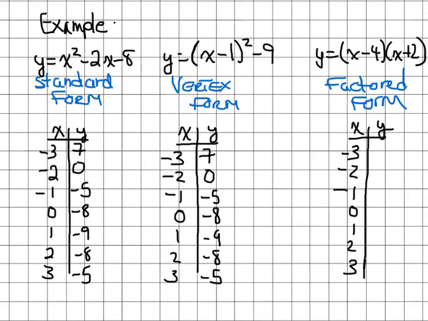So we will fill in that table of values right now. So minus 3 minus 4 is minus 7. Minus 3 plus 2 is minus 1. So minus 7 times minus 1 is 7.